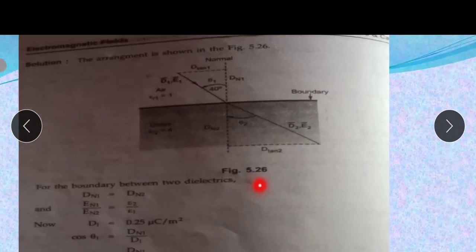Okay, this is the solution. This is the boundary line, the boundary line between glass and air. Here air is the first dielectric material and glass is the second dielectric material. In the first dielectric material, electric flux density D1 bar, electric field intensity E1 bar.